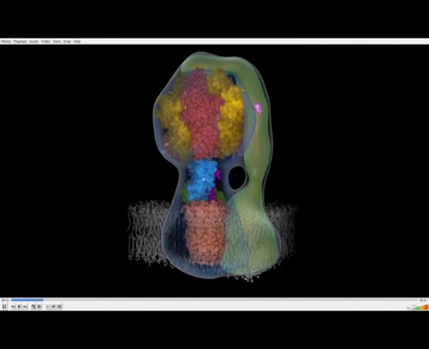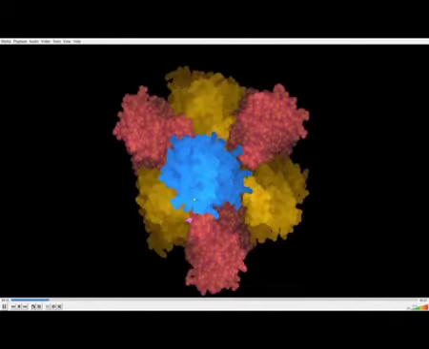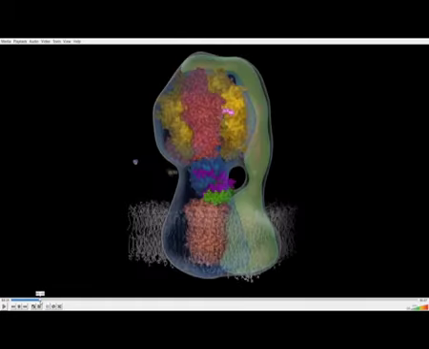What you see here in cyan, the cyan or yellow-blue protein, and at the top portion the yellow and red proteins, are the alternate arrangement of the alpha and beta subunits.